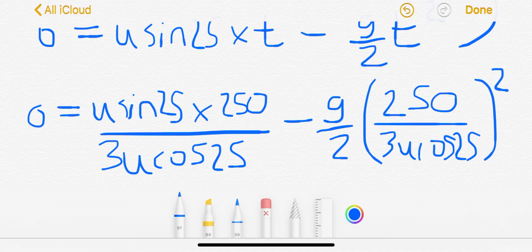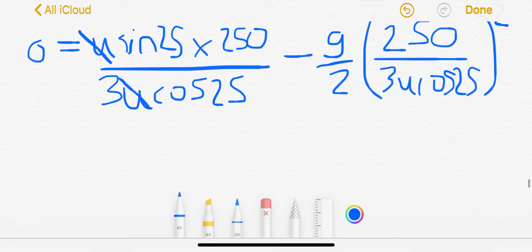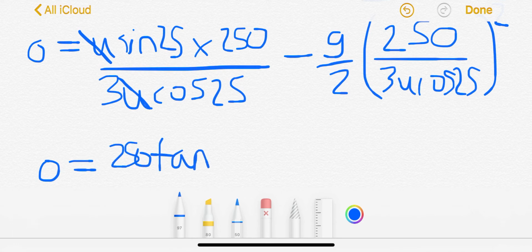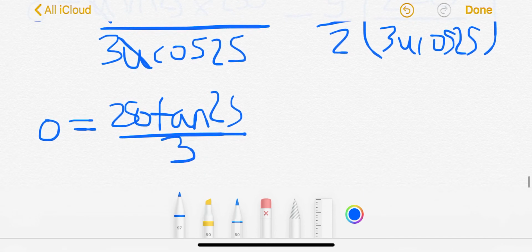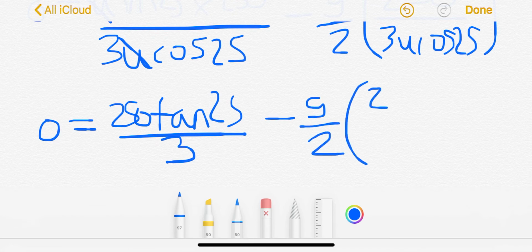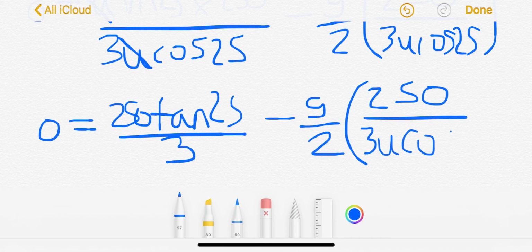Simplifying a little, the u's cancel, and sine 25 over cos 25 is tan 25. So we have 0 equals 250 tan 25 divided by 3, minus g over 2, 250 over 3u cos 25, all squared.